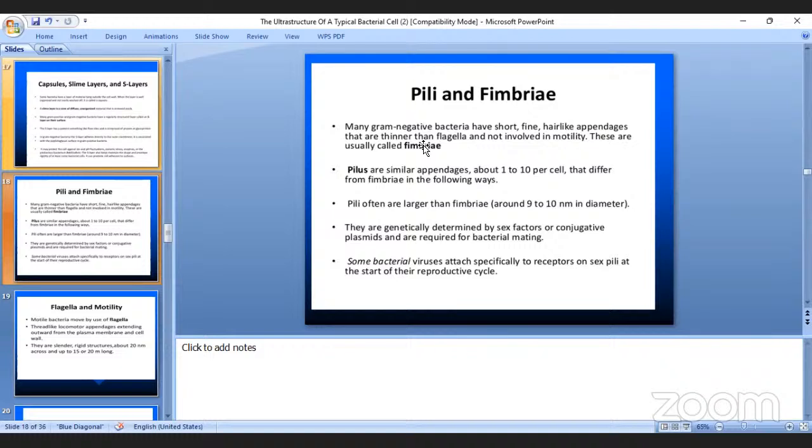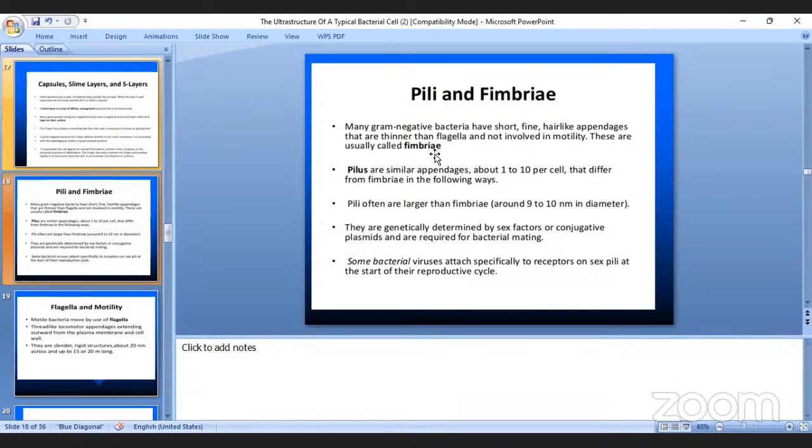Pili are similar appendages, about 1 to 10 per cell, that differ from fimbriae in the following ways: pili are often larger than fimbriae.